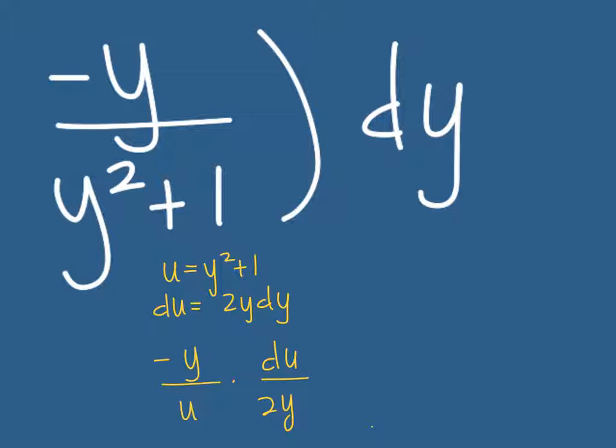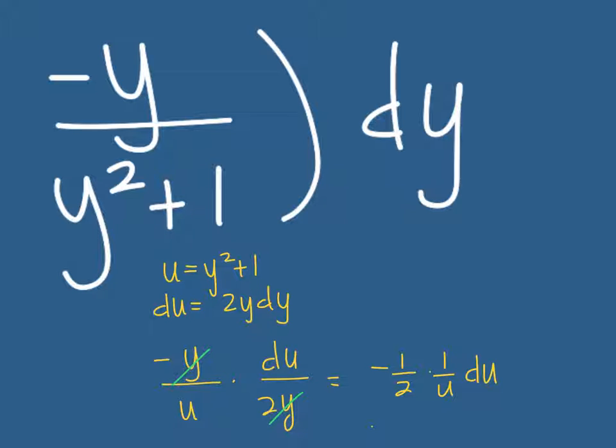They reduce away, leaving you with negative 1/2 times 1 over u du. So Cassidy, you were on the right track about needing a natural log.